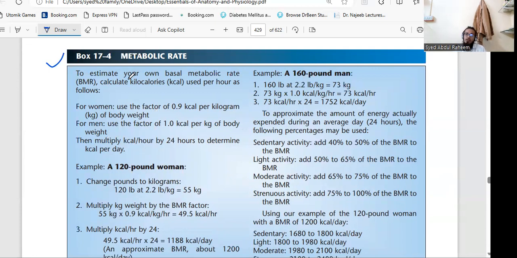This is how you can calculate your metabolism per hour. So in 1 hour you need 60.0 kilocalories if your metabolic rate is normal. So this is all about metabolism.